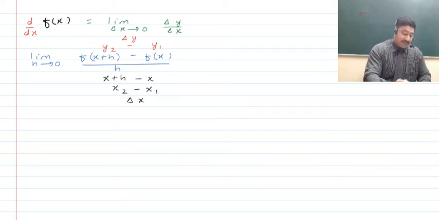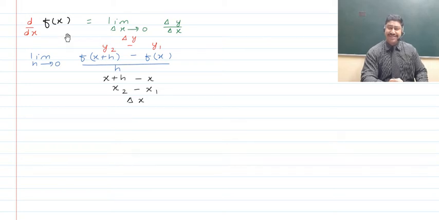Now, children, quickly discussing all of this, suppose we talk about a function which is f of x. It can be an algebraic function, an inverse trigonometric function, a logarithmic function, or probably just a trigonometric function, right?